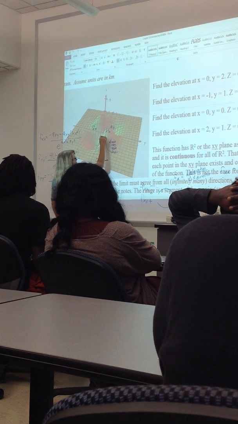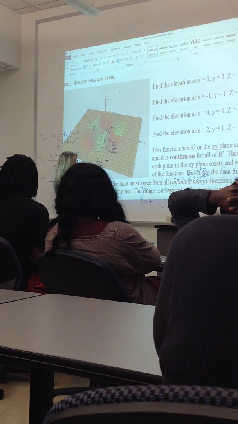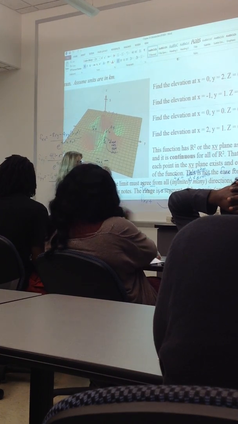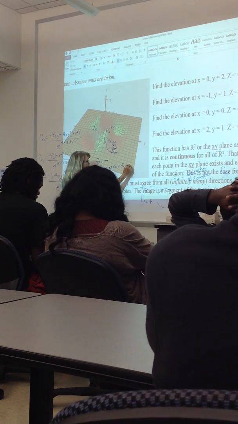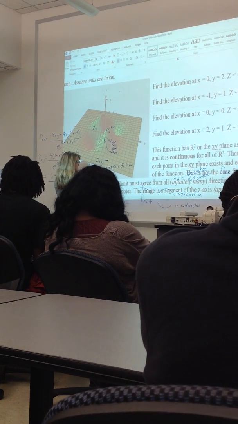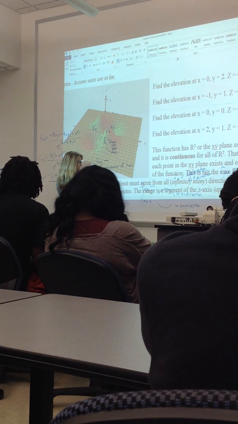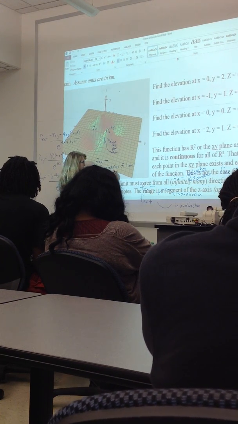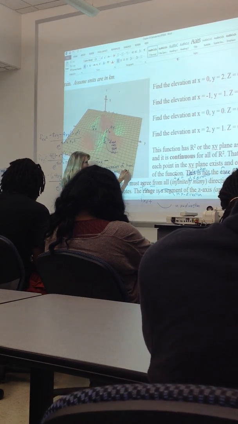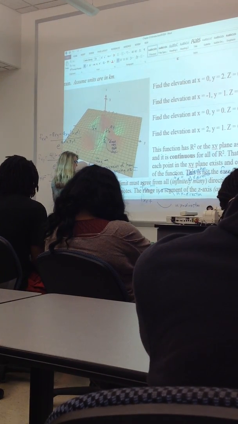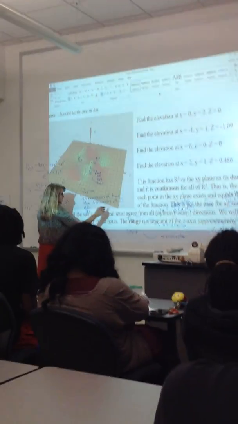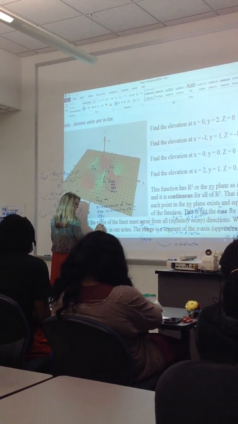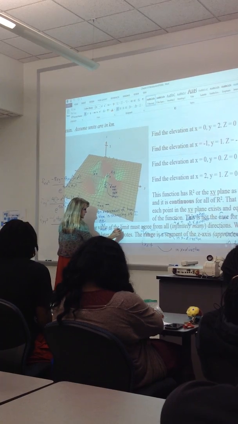So f sub xy is an expression of how the slope, the dz dx, is changing as I move in the y direction.